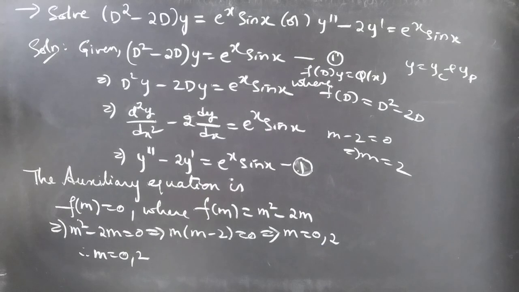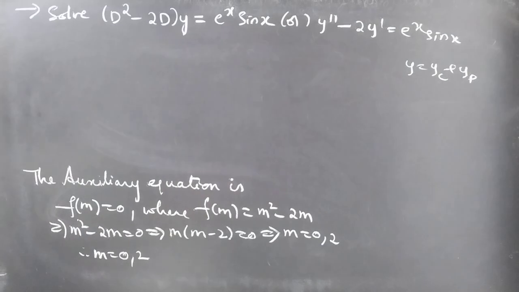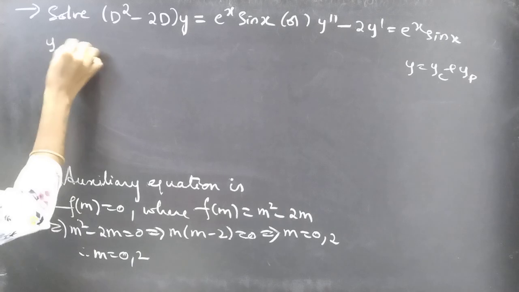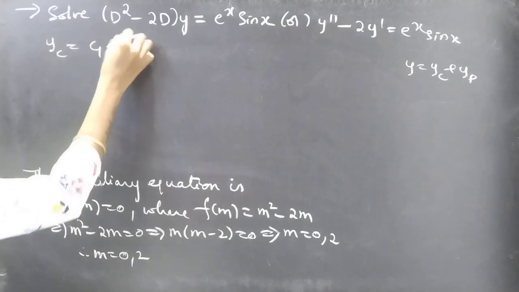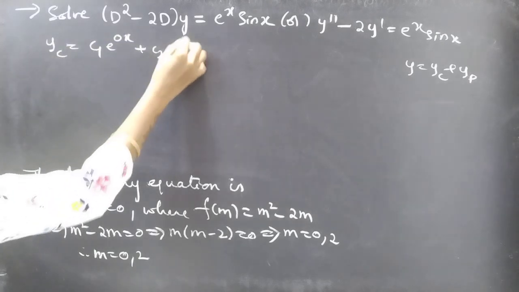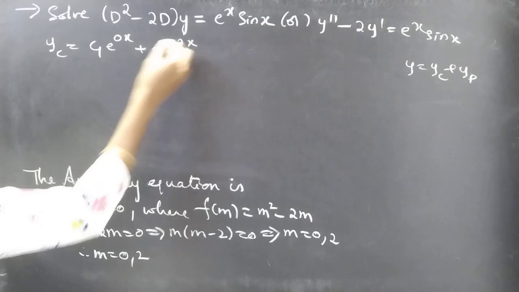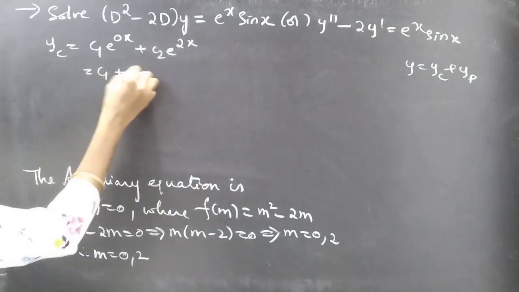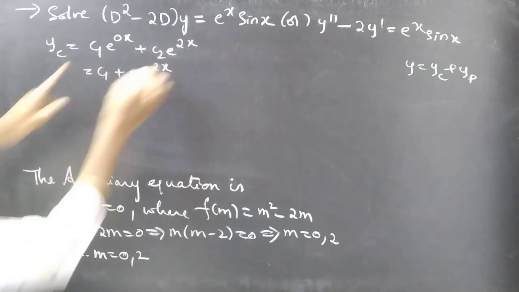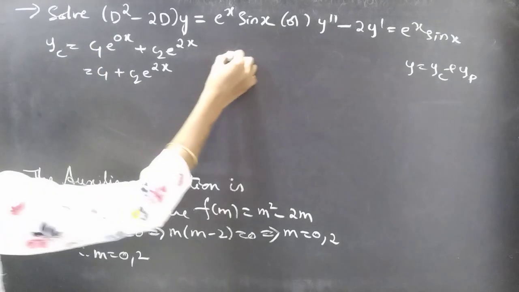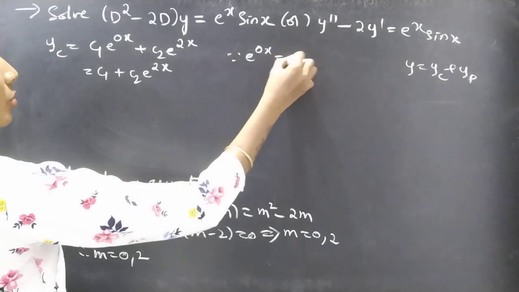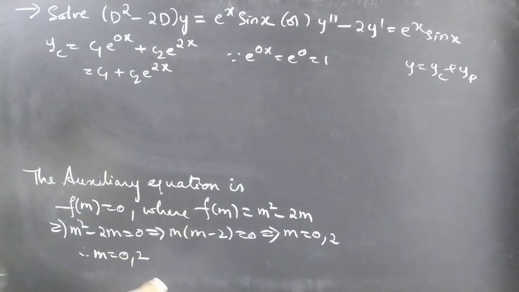So from this we'll find yc. yc is given by c1 e^(0x) + c2 e^(2x), which equals c1 + c2 e^(2x). We know that e^(0x) is e^0, which is 1.